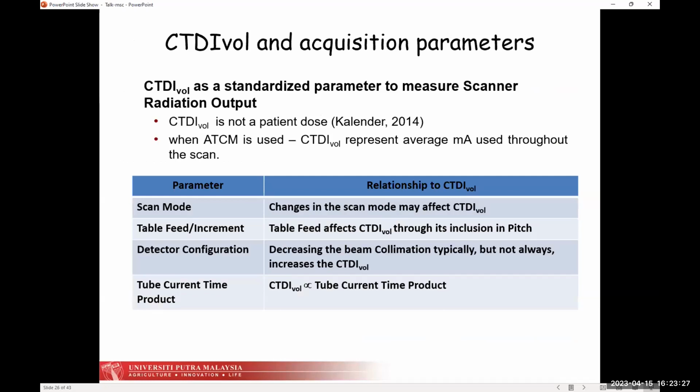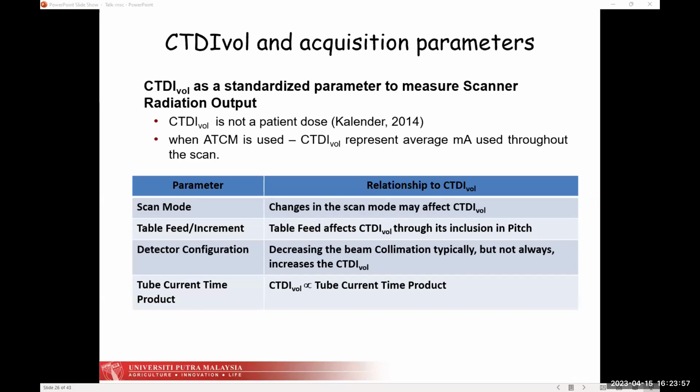Now we look at the acquisition parameters. CTDI vol will be influenced by the acquisition parameters. There are a number of parameters, but here I present only several that will affect the CTDI vol, especially in terms of the scanning mode.